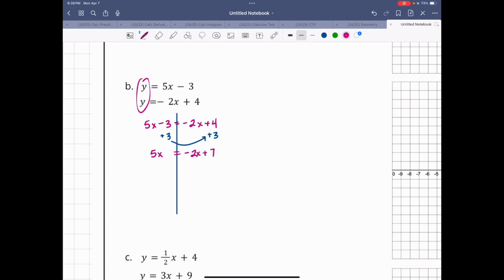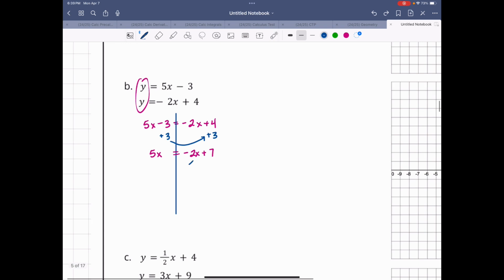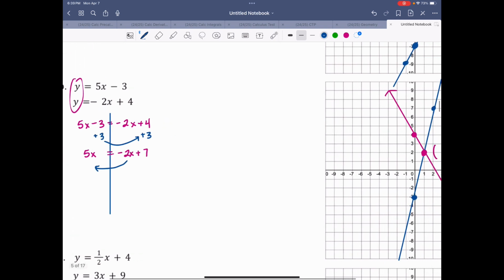So now that the numbers are combined, my only move now is to move the x terms together. Now, I could move this 5x over, but it would leave me with 0. And I would rather have a number on both sides of my equal sign. So I'm going to choose to move the -2x. The opposite of a -2x is going to be a +2x.